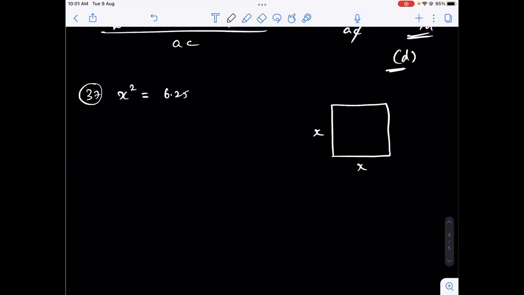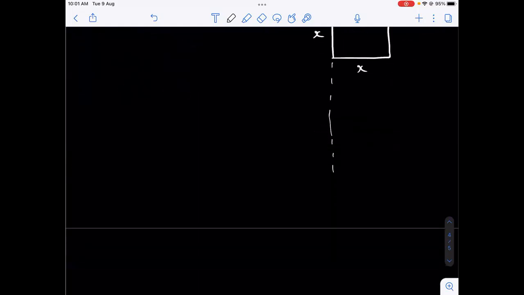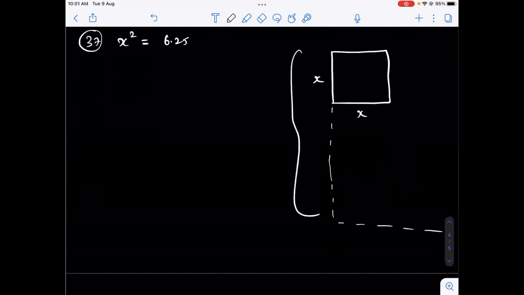They're asking us to find the length of each side of the chessboard. So if it has 64 equal squares, how many will be there in a column and how many in a row? You'll have 8 here, 8.